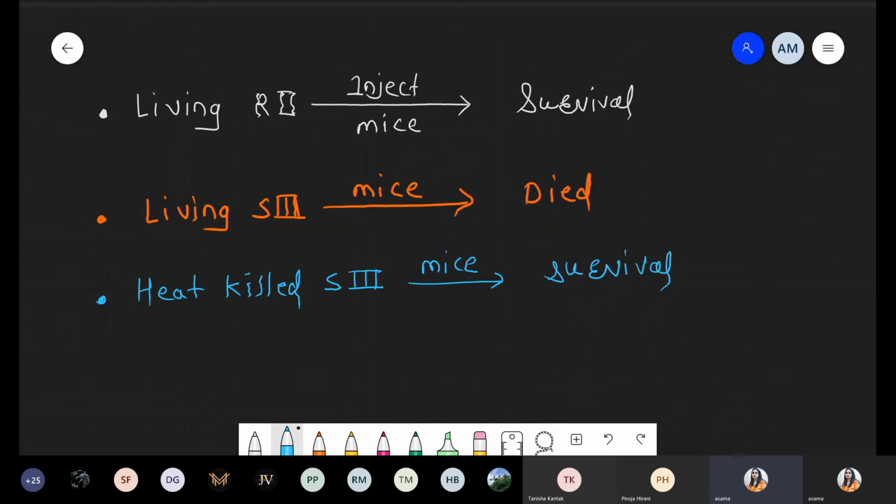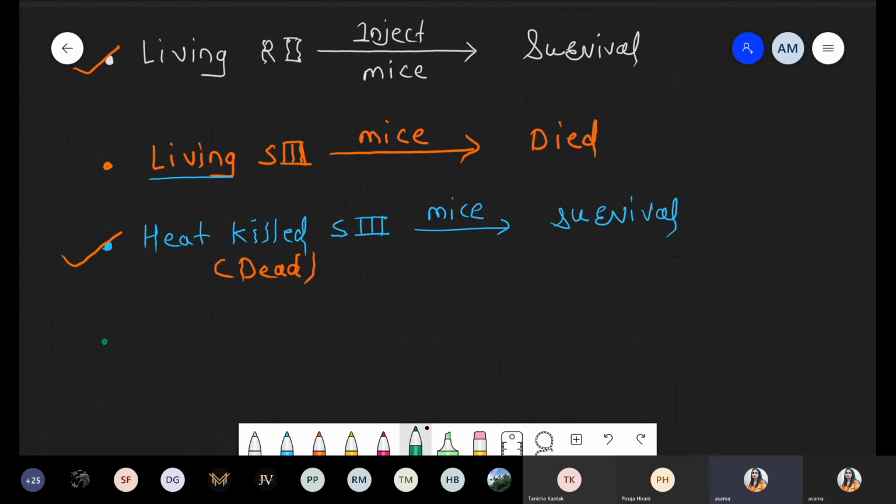So just check the two conditions. Here we used living, but in this condition the heat-killed S3 is dead. So between the first and the third experiment, we obtained the same positive result, that is survival. But now in the fourth experiment, the scientist used a mixture of the first and second.